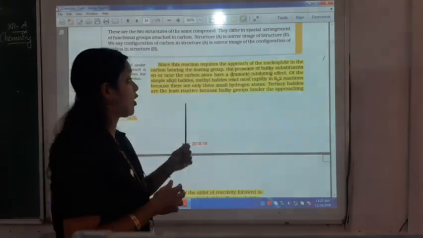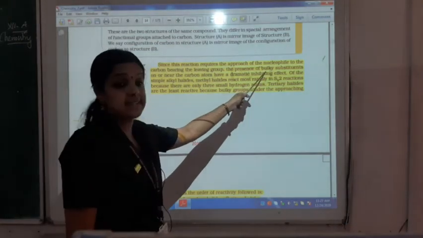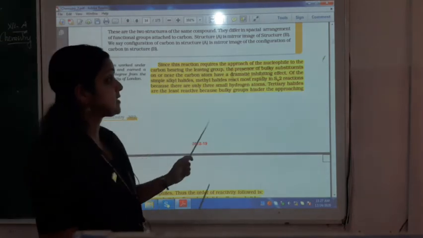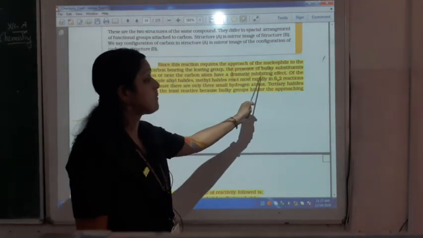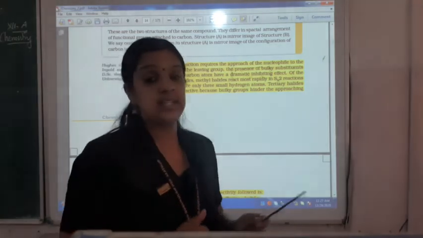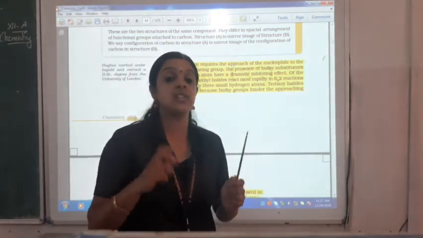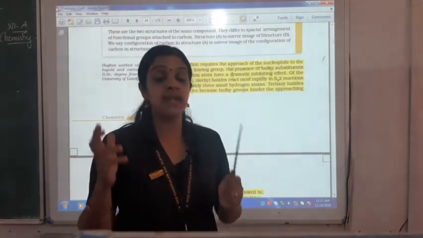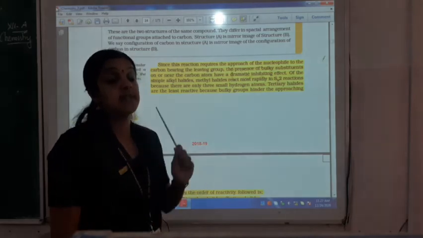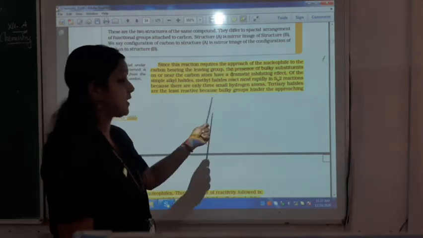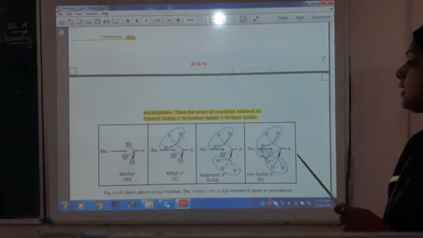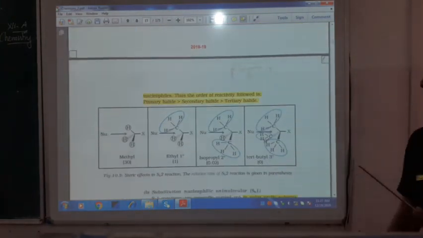So this is called the effect of bulky substituents, which means simple alkyl halides, that is the primary halides, will have more reaction towards SN2, that is SN2 reactions are favorable with primary alkyl halides, and tertiary alkyl halides will be the least reactive with SN2 reactions. So this is the order of reactivity.